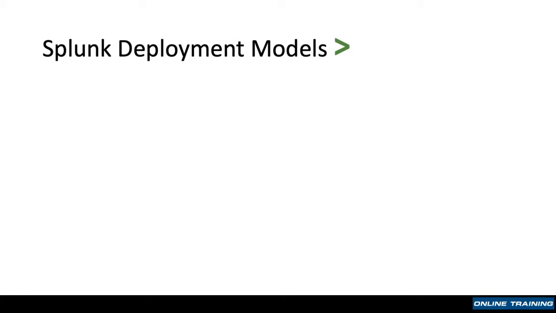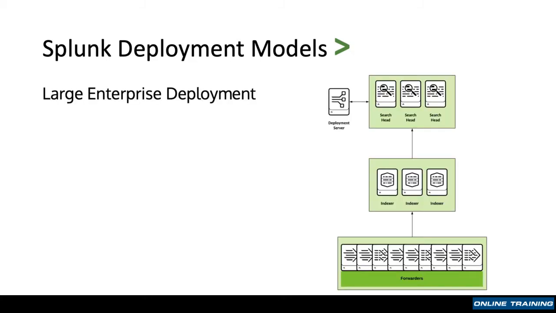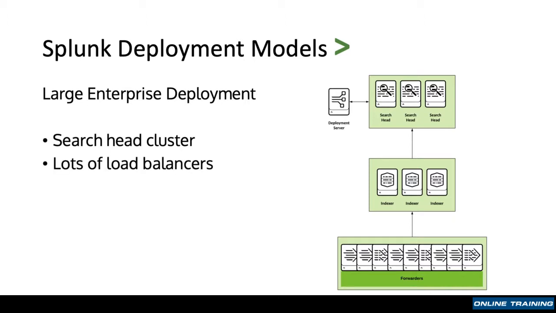The third type of deployment has nearly infinite scalability superpowers. In this configuration, we build search head clusters, indexer clusters, or both, and this allows for near boundless horizontal scalability. We can accommodate thousands of forwarders in this model.